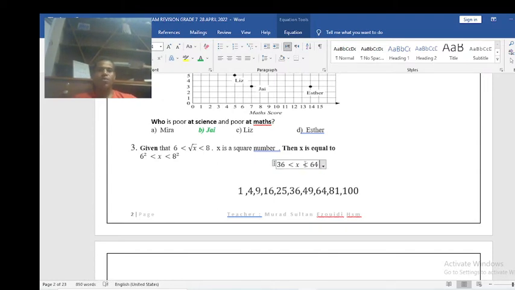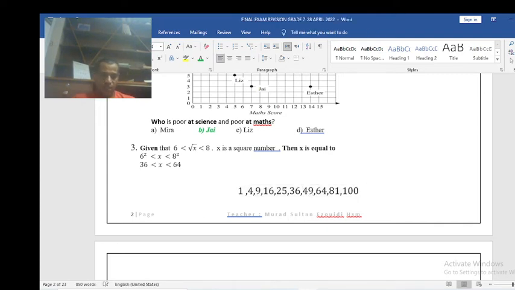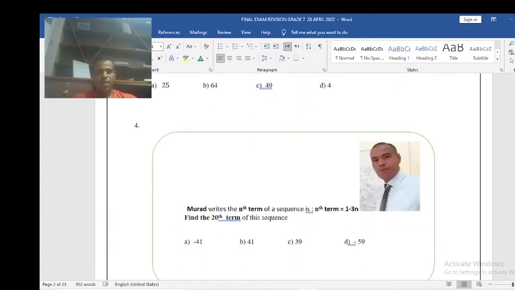So which square number satisfies my inequality? The correct answer should be 49. So the correct answer here, learners, is 49. That satisfies my inequality. Clear?